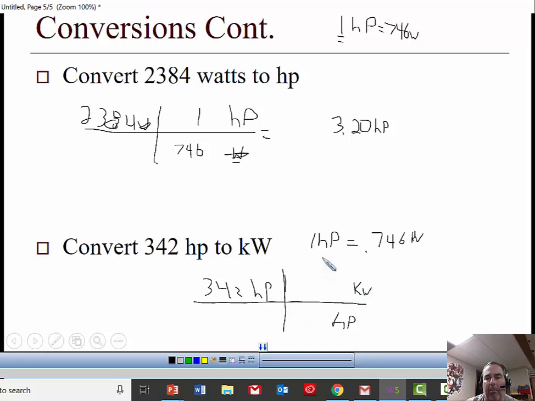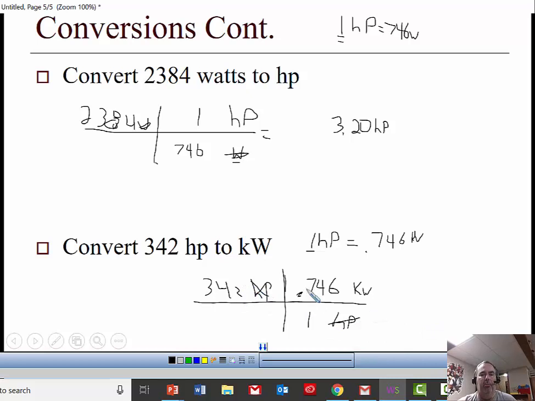So now, there's the horsepower. The number 1 is going to go on the bottom because it has to match up with where horsepower is, which is on the bottom. We're going to put our 0.746 with the kilowatts on top. Notice horsepower is going to cancel.